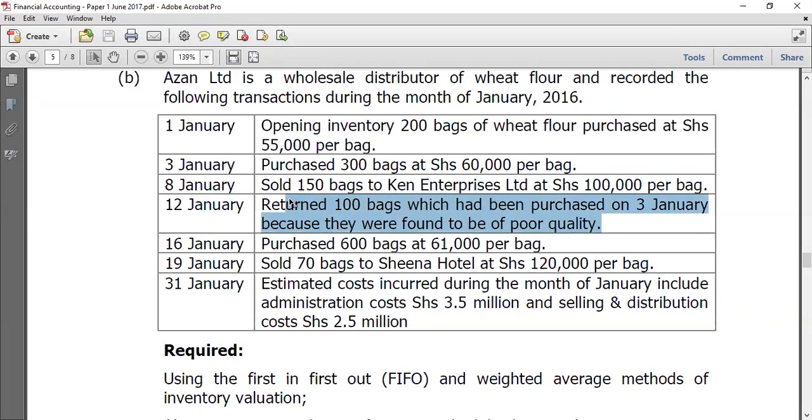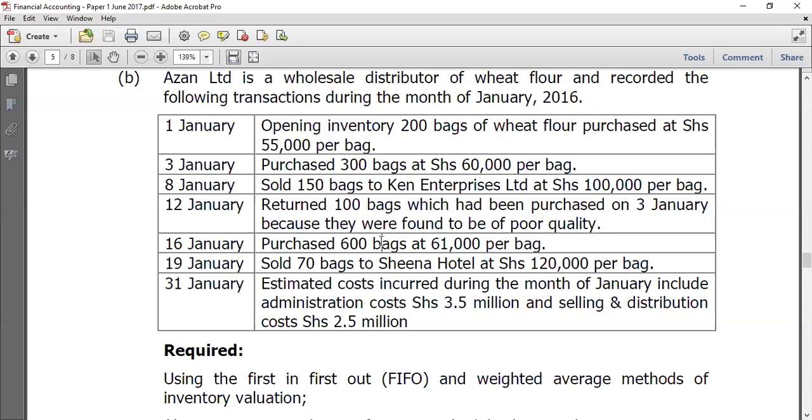So you can also record the return. As you can see here, they have even specified which bags exactly. It was the bags that were bought on 3rd January, and from our perspective, we've not even sold them. So they still exist, and you can go and adjust that.